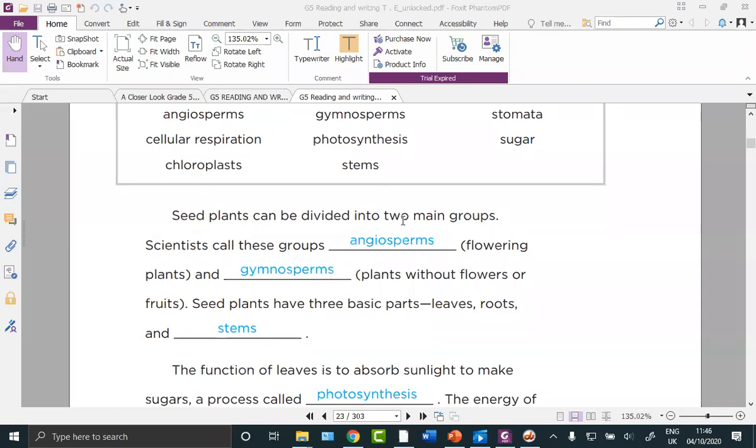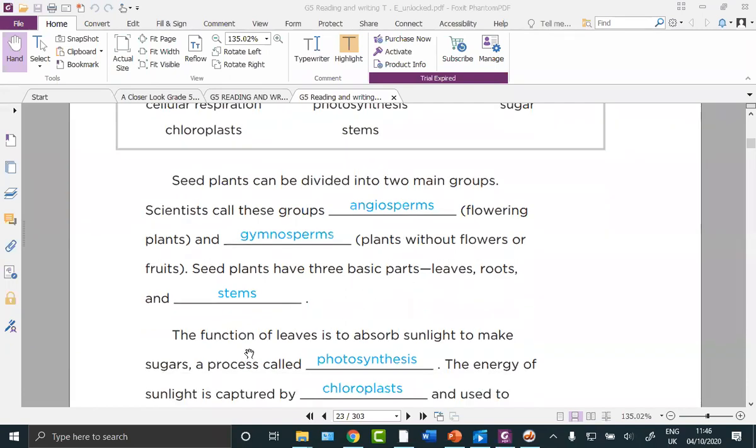The energy of sunlight is captured by chloroplast. Yes, Mister, it's by chloroplast.